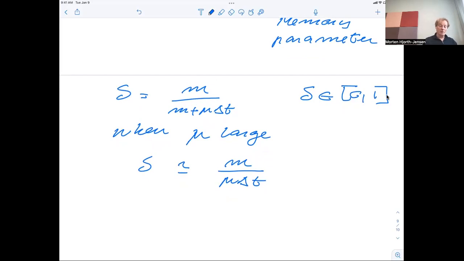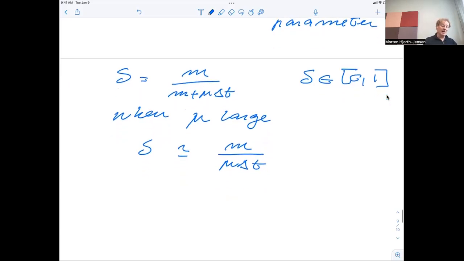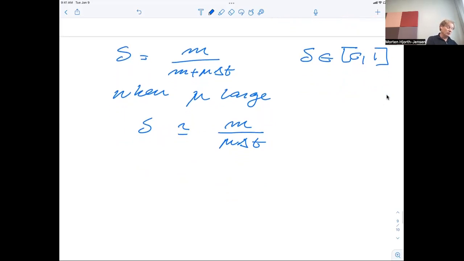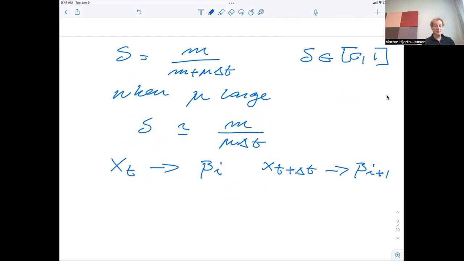Now, if you want to bring back your parameters beta, what we're going to do is to let this x of t, where t is time, be replaced by beta of i. That means that x of t plus delta t is going to be replaced by beta of i plus 1. So delta t is now one specific time step, whereas in our case, this is one specific iteration.